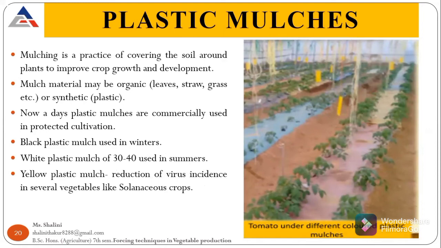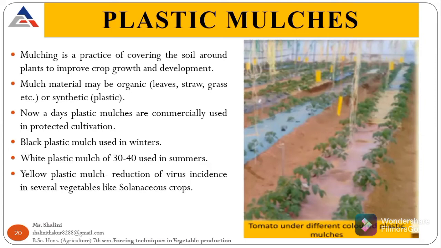Plastic mulch is used in a number of crops like strawberry and tomato. Mulch material can be organic or inorganic, as I already told you, and nowadays plastic mulches are more preferable in protected cultivation.